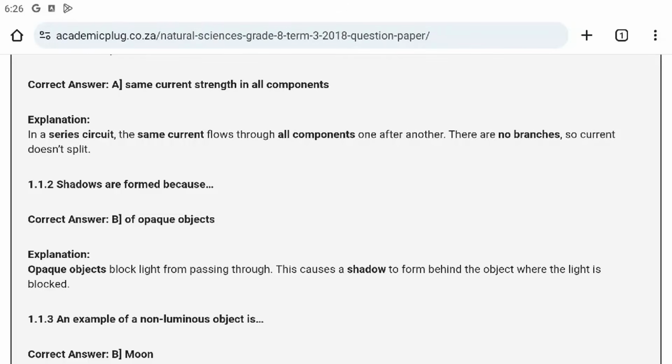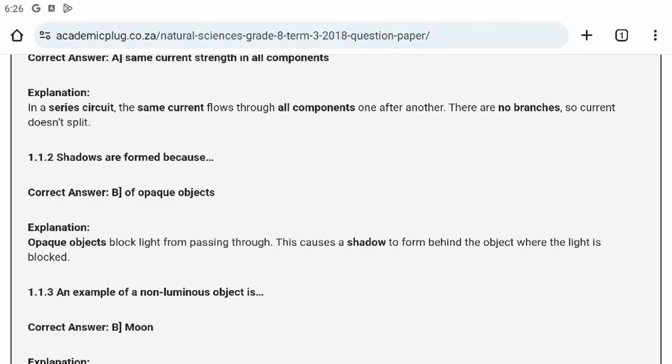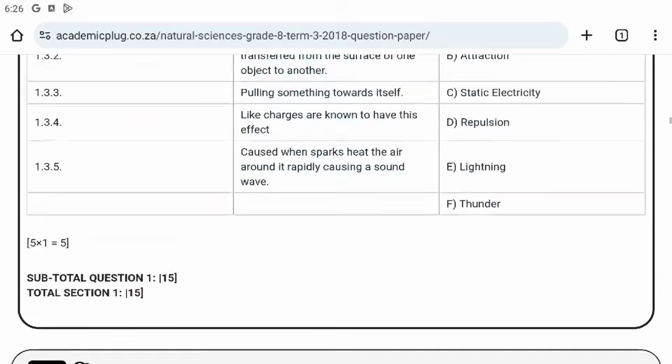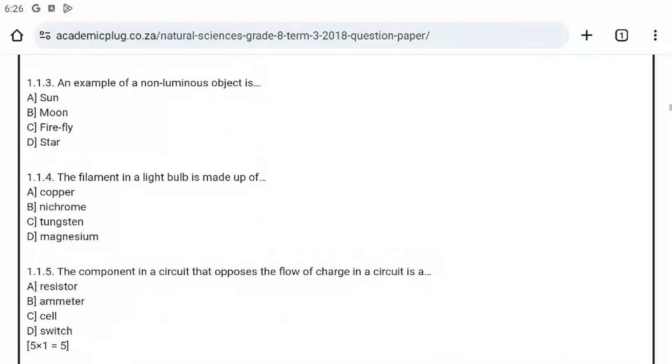Okay, the correct answer is B, which is of opaque objects, right? Opaque objects block light from passing through. This causes a shadow to form behind the object where the light is blocked. Okay, that is the answer.